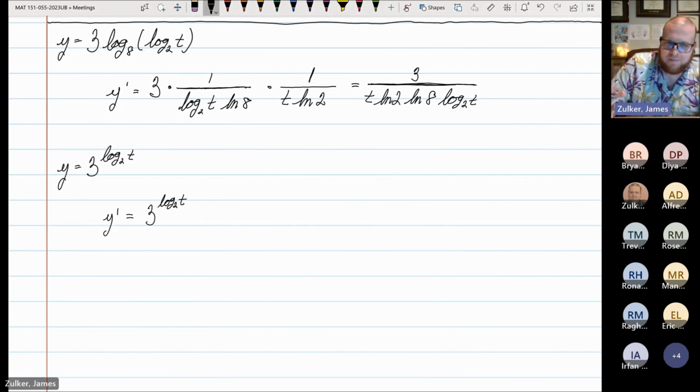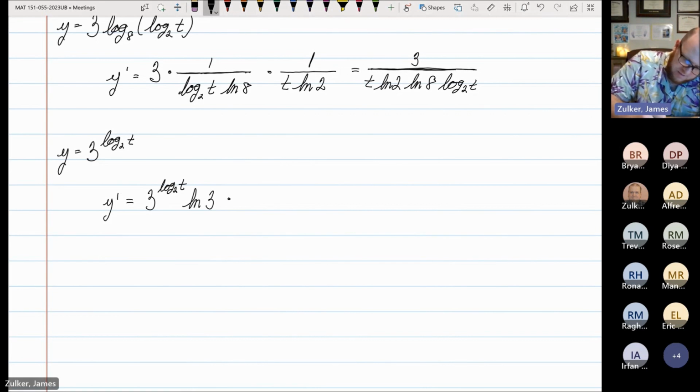Right? It's the function times the natural log of the base. Now times the derivative of that exponent, which is now a log base 2 function.